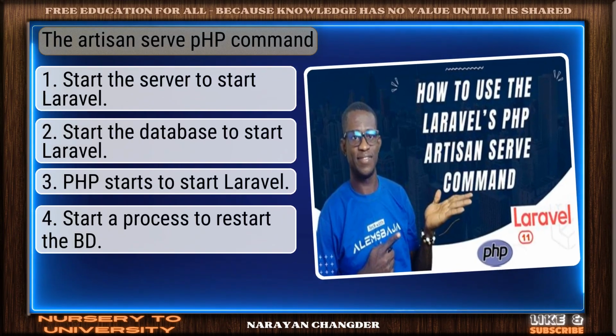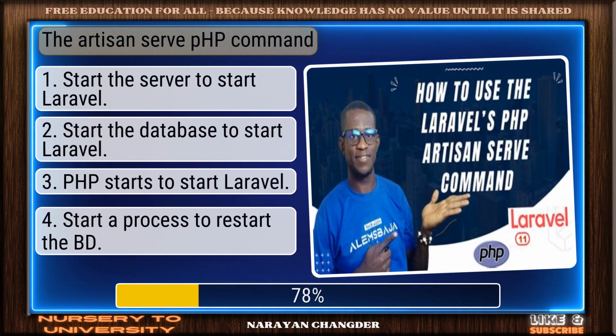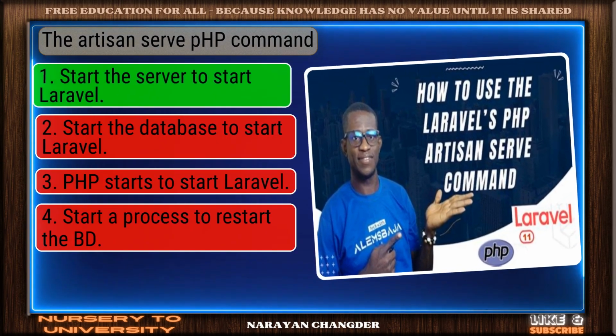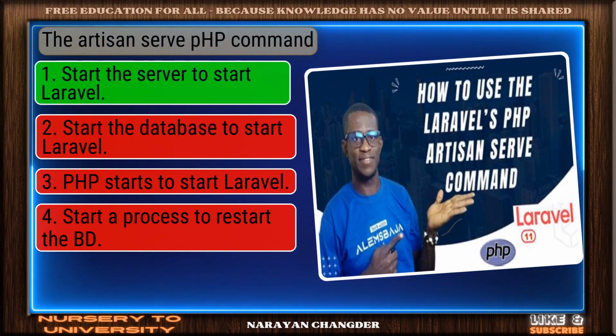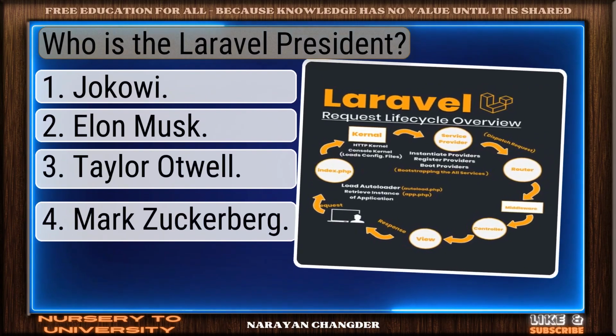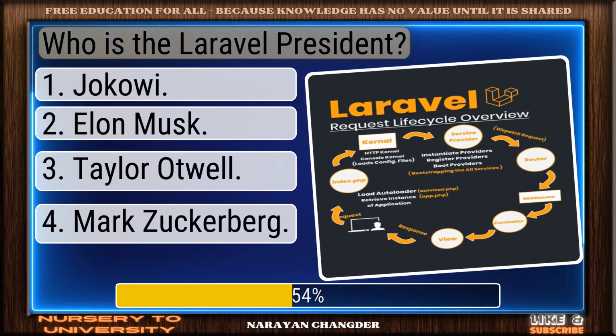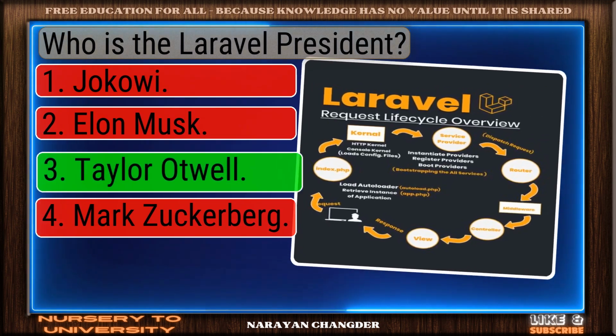Question number 68. The php artisan serve command. Well picked. Start the server to start Laravel is the correct answer. Question number 69. Who is the Laravel president? Smart pick. Taylor Otwell is the correct choice.